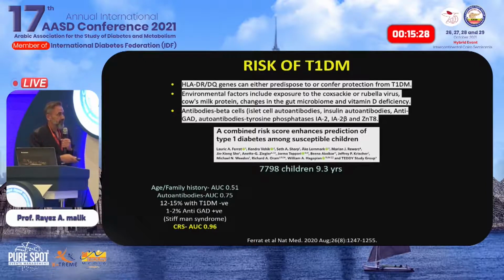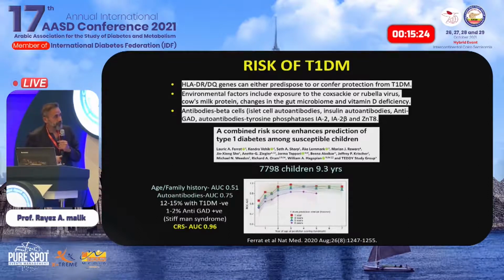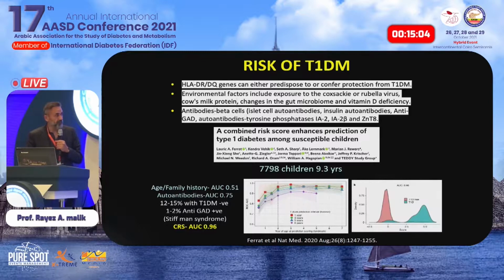But these investigators used a combination of family history with autoantibody status, and they came up with this score, which predicts with almost 96% certainty whether or not the sibling will develop diabetes compared to those who don't develop diabetes over a period of 9 years.